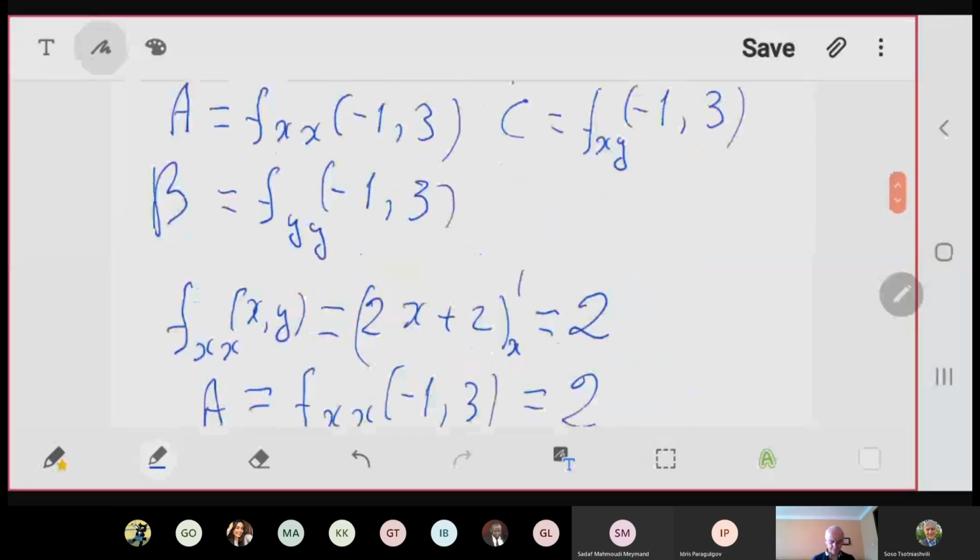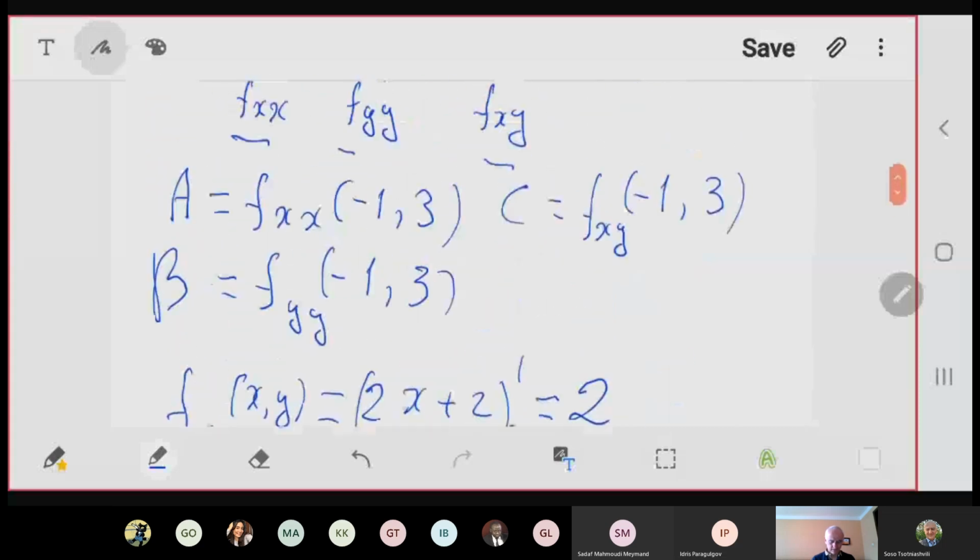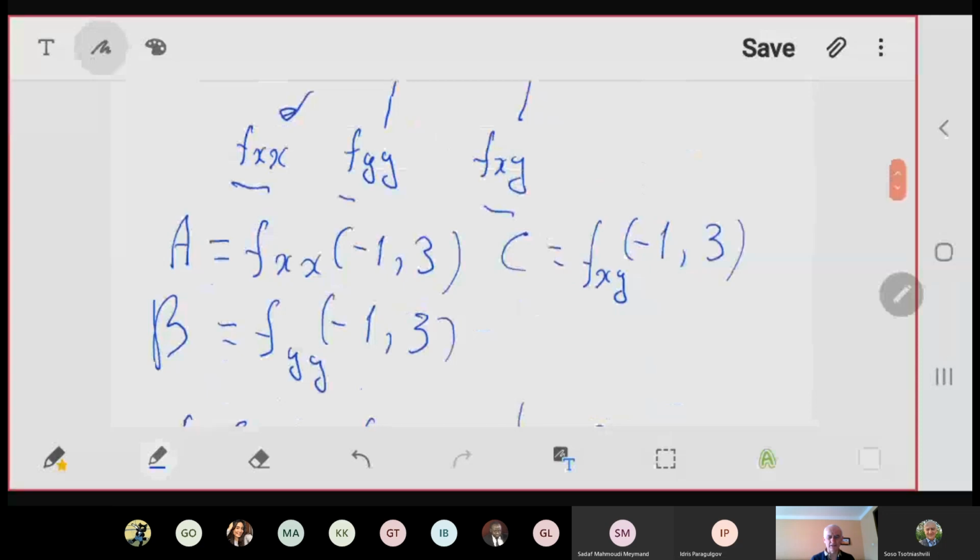Do you agree? Is everything correct? Look very critically. I have written the whole homework the other way, like C is f_yy. What is C?